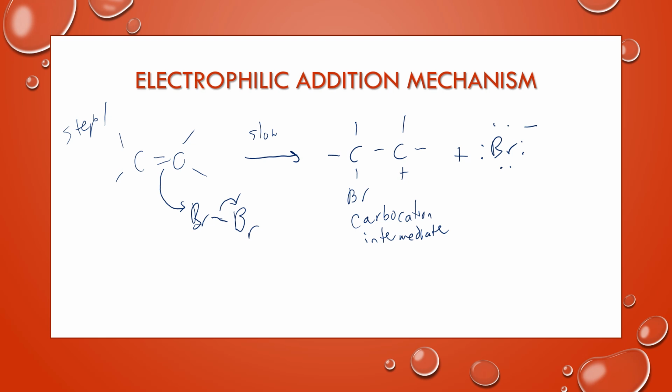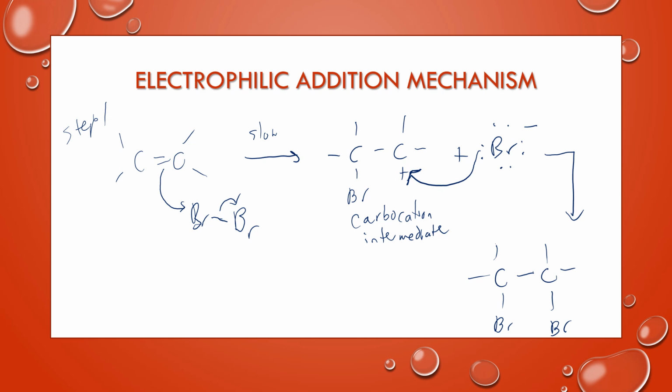Your second step, and I'm going to draw it like this just because I'm running out of space in the slide. Now this bromide, since it has extra electron density, can attach to the positively charged carbon here. So the electrons are going to come over to form a new bond there. And we're left with our new alkane with one bromine on each of the carbons.